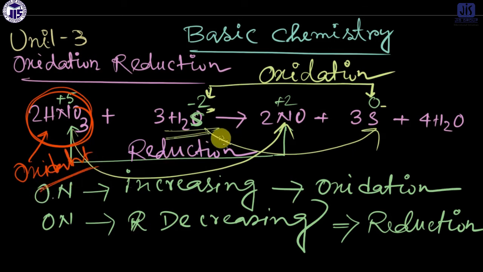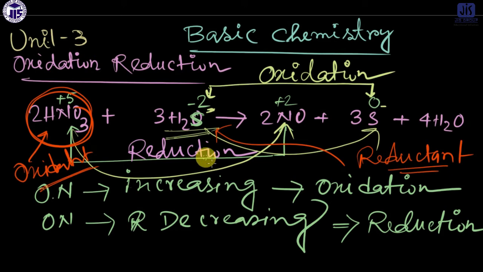And H2S is the reductant. Why? Because it reduces the other compound and is itself oxidized. So in this way we have to predict where oxidation occurs and where reduction occurs.